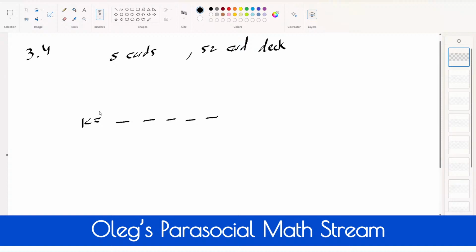This is our k. And n is equal to 52. All right. And line them up in a row. How many such lineups are there that either consist of all reds or all clubs? So we want to know all reds or all clubs.